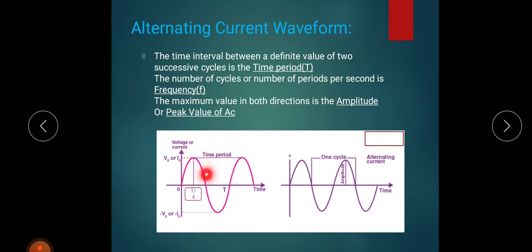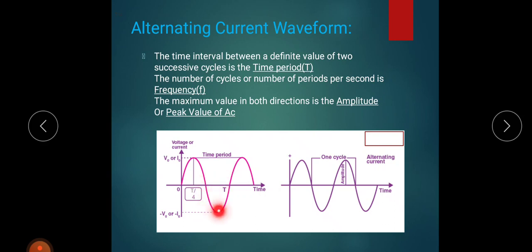the alternating current. Then the particle again reverses its direction and reaches the maximum in the opposite direction, after which the alternating current returns to the original value, which completes one negative cycle, from this point to this point.